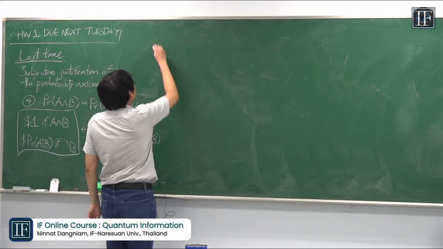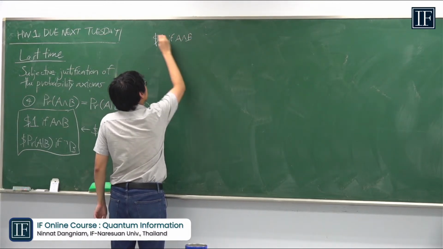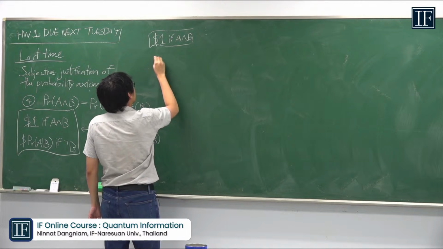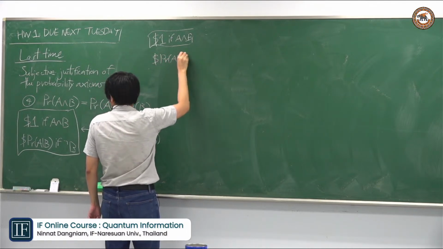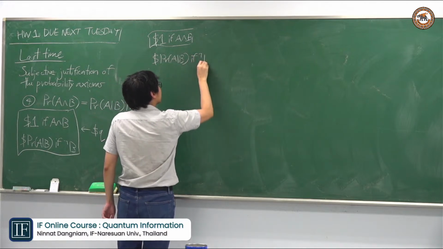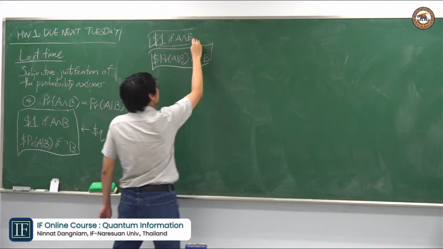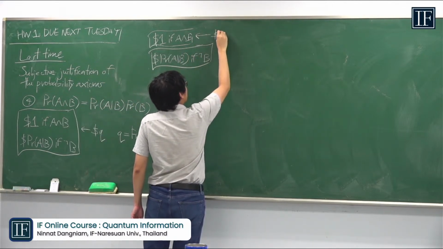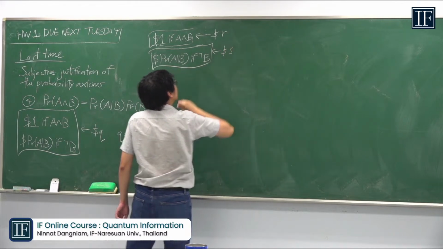So I would assign R dollars to this ticket and S dollars to this ticket.